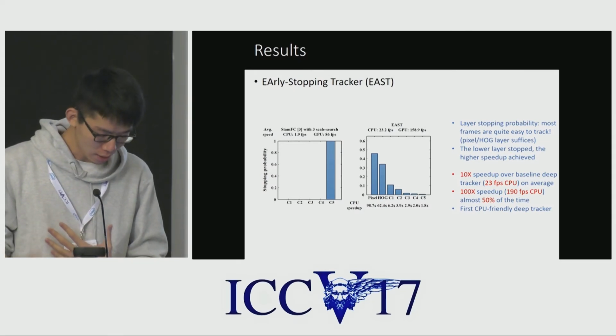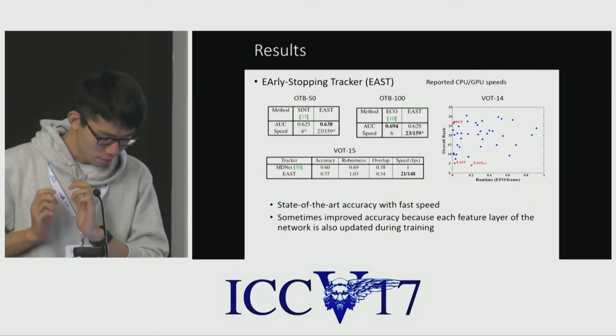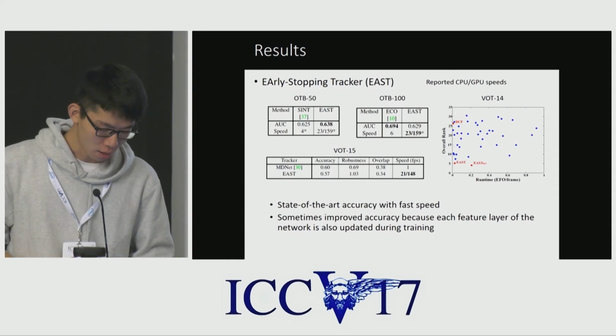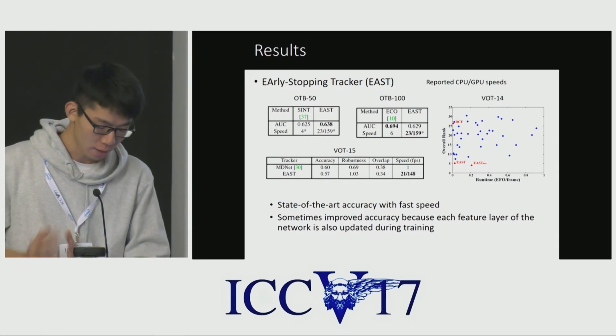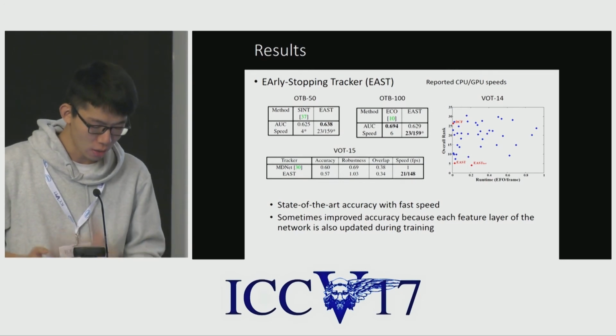And this makes EAST the first CPU-friendly deep tracker. We quantify our tracker on 4 benchmarks and show state-of-the-art accuracy with fast speed. Sometimes we can even observe improved accuracy because each feature layer of our network is also updated during training.